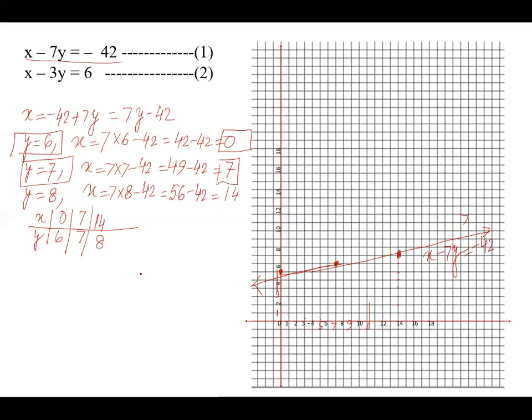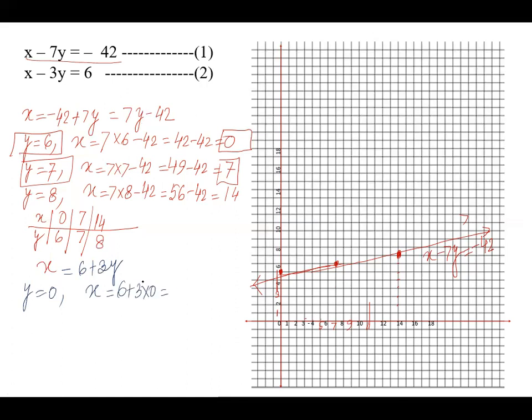Next I'll go for the second one. x is equal to, I'm taking another color so it will be distinguishing, 6 plus 3y. Next I'm taking y is equal to 0. x is equal to 6 plus 3 into 0.